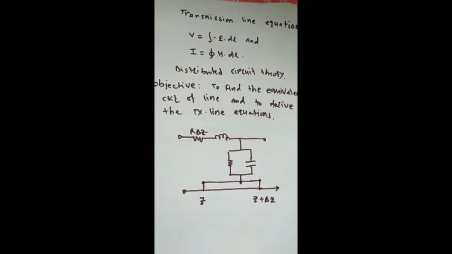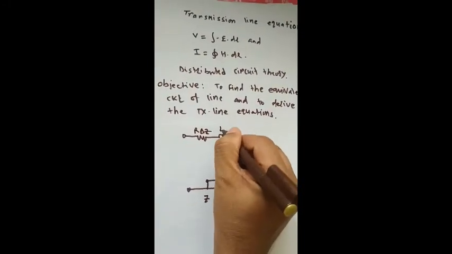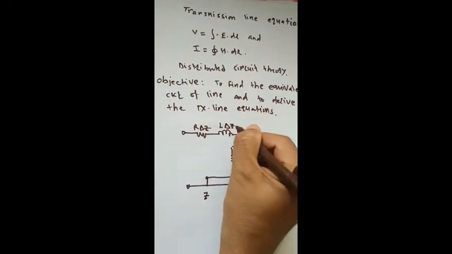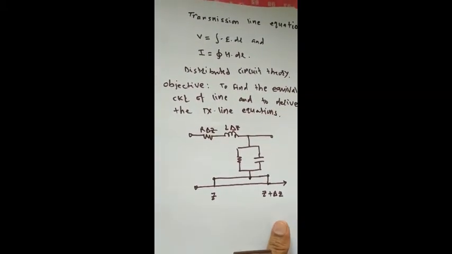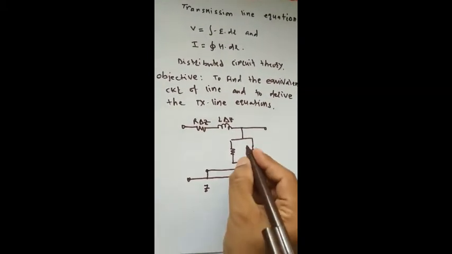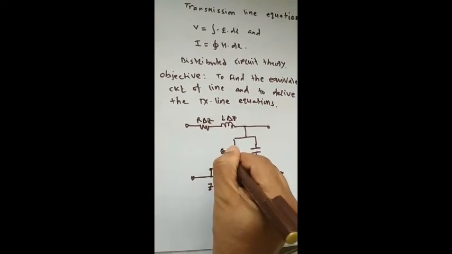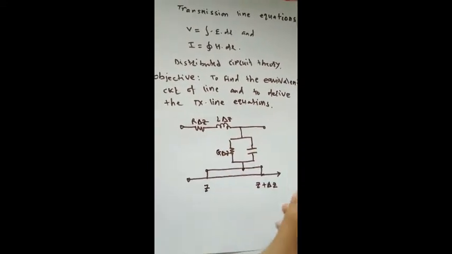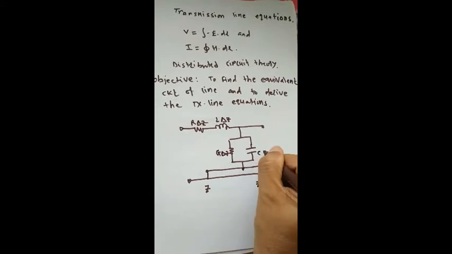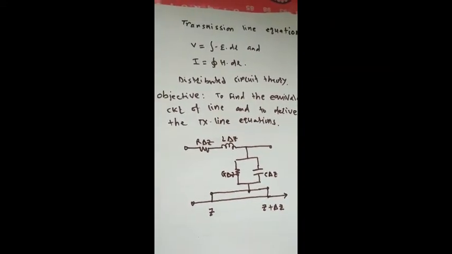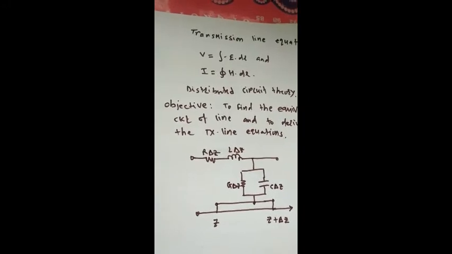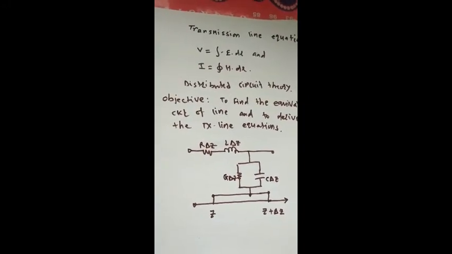In the same way I can express the inductance part as L delta z, which is nothing but the small incremental change of the inductance. Same way we have the other two, G delta z and C delta z. So this is a typical L-type equivalent model.